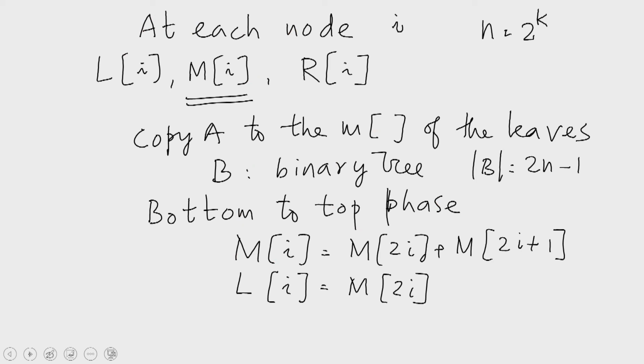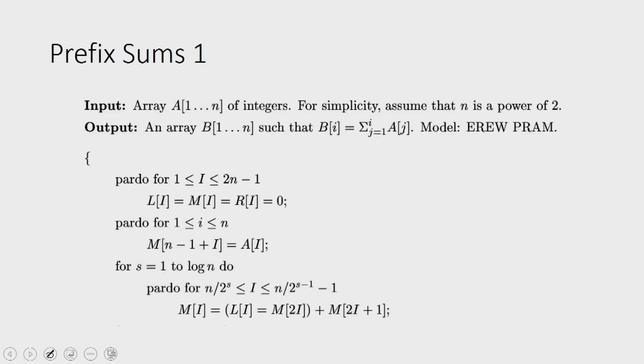So, now let us see a formal specification of this algorithm. In the first step of the algorithm, for every single node of the binary tree, we set all the left values, middle values and right values to 0. And then in the second step, the elements of the array A are copied into the leaves of the binary tree. That is what is happening here. The leaves are at locations n to 2n minus 1.